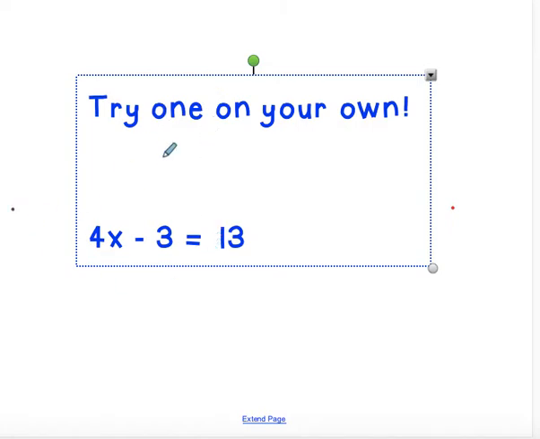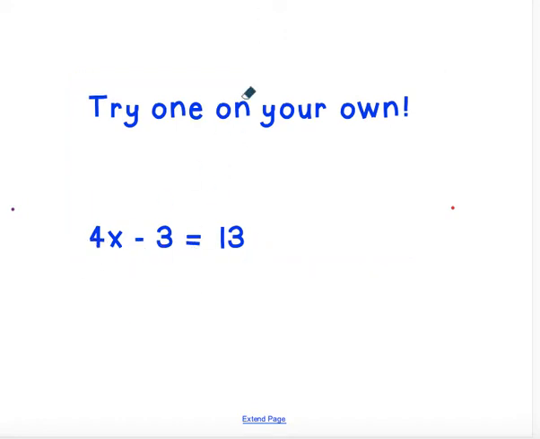Okay, so for this one, very similar to the last one, we have 4x, which is multiply, and then we have a subtraction sign, so a minus 3. So the first thing we're going to do is take care of this subtraction. Because we have a subtract in the problem, we're going to add 3.